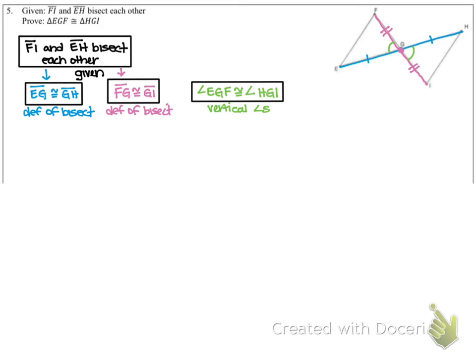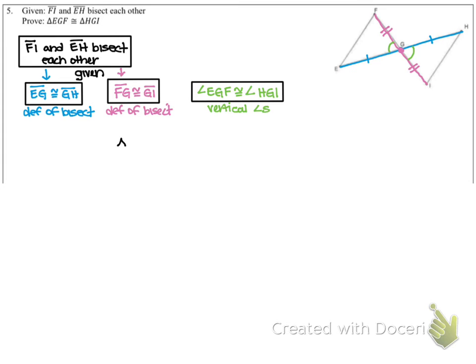Okay, take a look at your bubbles. We've got 1, 2, 3 congruent symbols. This is good. Take a look at the picture itself. Do I have enough information to actually prove that those two triangles are congruent? Yes, I do. I have side, angle, side. So let's go ahead and write our final statement about our triangle.